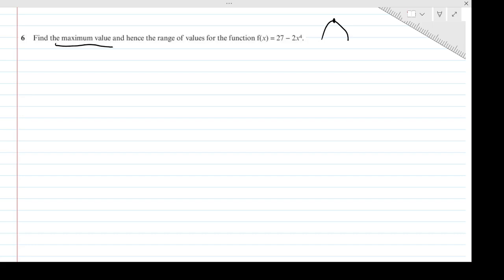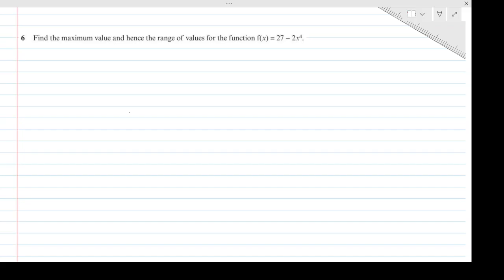In other words, it allows us to find the maximum or minimum value of something. So optimization, to get the best or the worst result of something, which has a lot of applications, which we'll see in mechanics as well. But anyway, for now, we're asked to find the maximum value. That's alluding to maximum point.